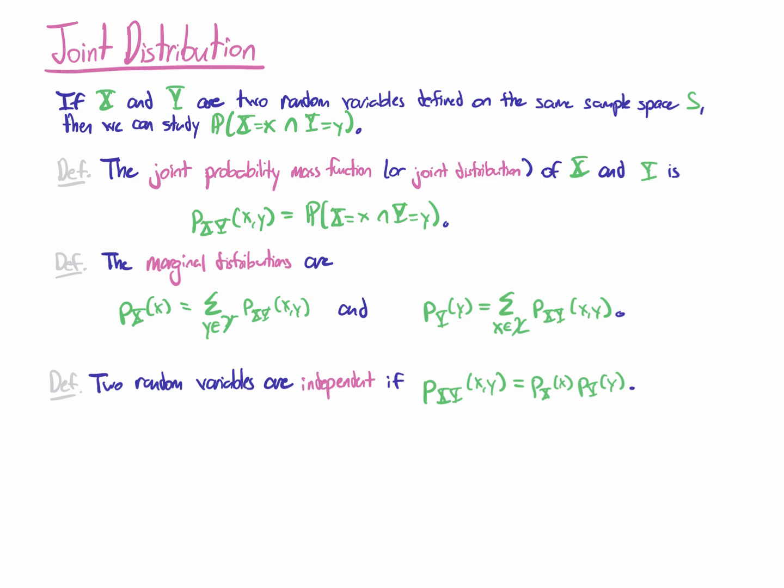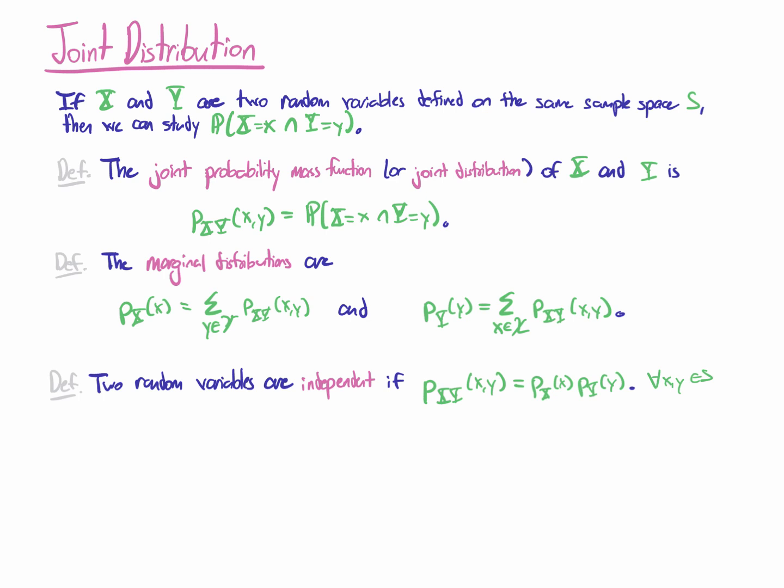These random variables are independent if the joint probability mass function factors into the marginal probability mass function for x and the marginal probability mass function for y. And I'll just add here, for all x and y in the sample space. If that's true for all x and y in the sample space, then I call my random variables x and y independent. So let's do an example here.